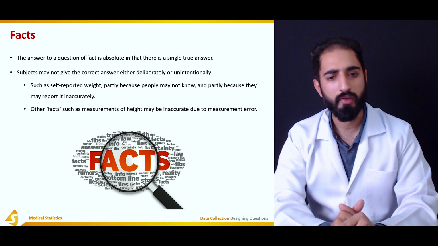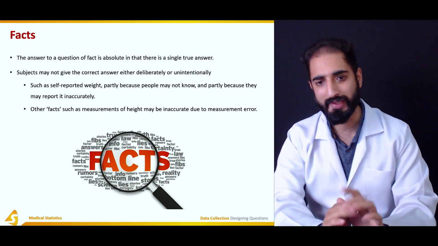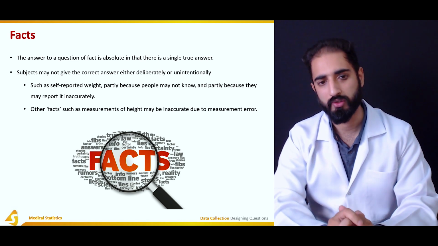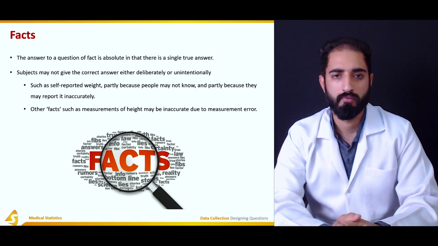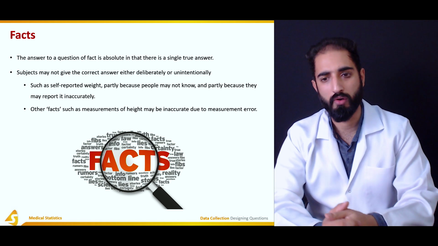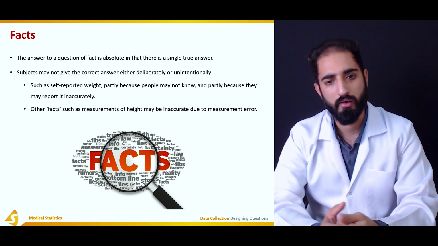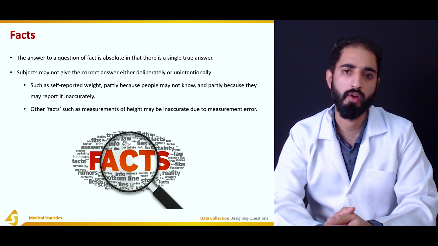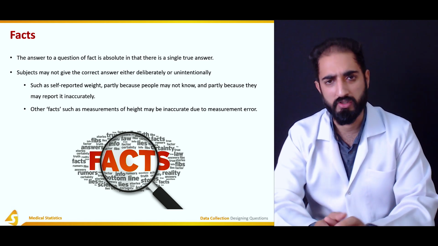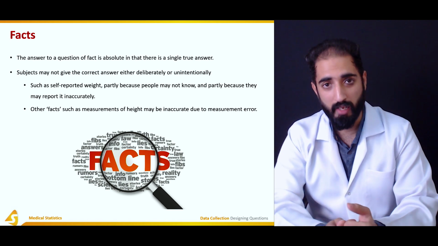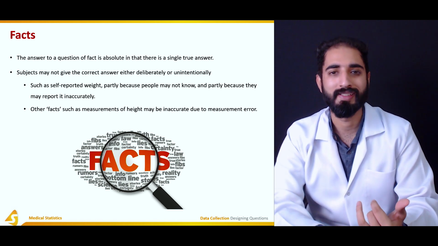Subjects sometimes may not give the correct answer, either deliberately or unintentionally, such as self-reported weight, because people may not know. They don't know what their weight is. For example, they make a guess, okay, I think my weight is around 62 kg, but that was a guess, so it may be inaccurate, but it was unintentional.